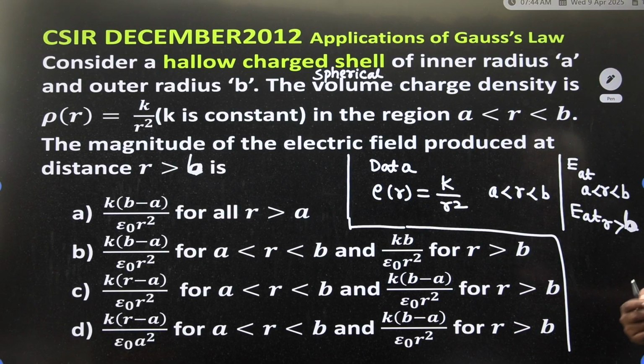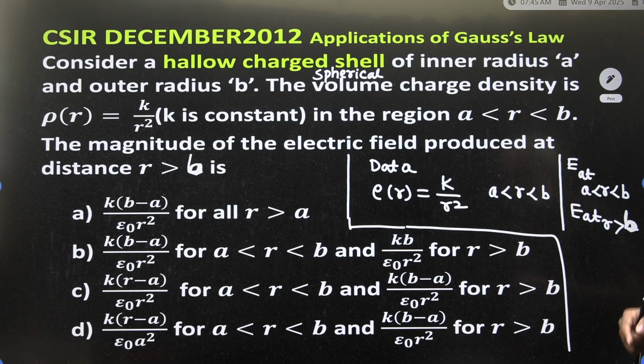So consider a hollow charged spherical shell of inner radius a and outer radius b. The volume charge density is there within the region a is less than r is less than b. What is the magnitude of the electric field produced at a distance r greater than b?